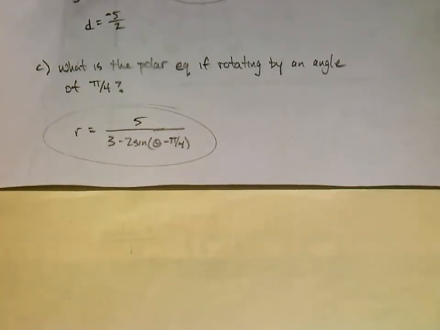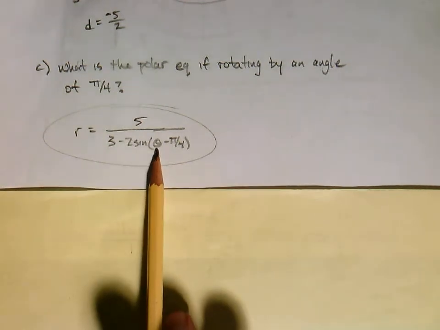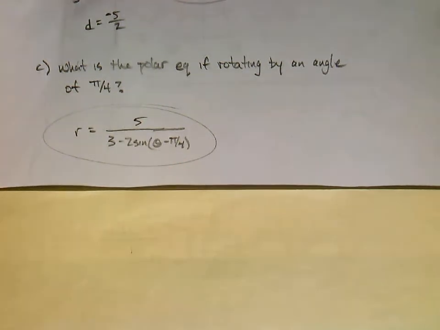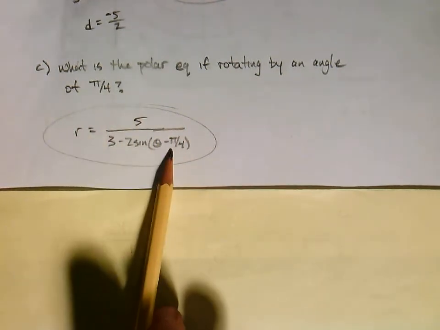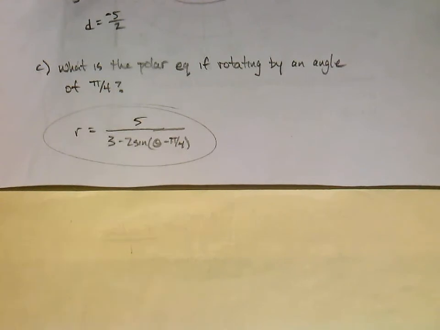So in the Cartesian coordinate system, when you do a shift, you do something like x minus h, and it shifts it to the right by that many units. Well, in polar, a shift is a rotation. So exchange your theta for theta minus however far you want to rotate. Graph this in Desmos as well, and you'll see them next to each other, and you'll see that rotation by 45 degrees.